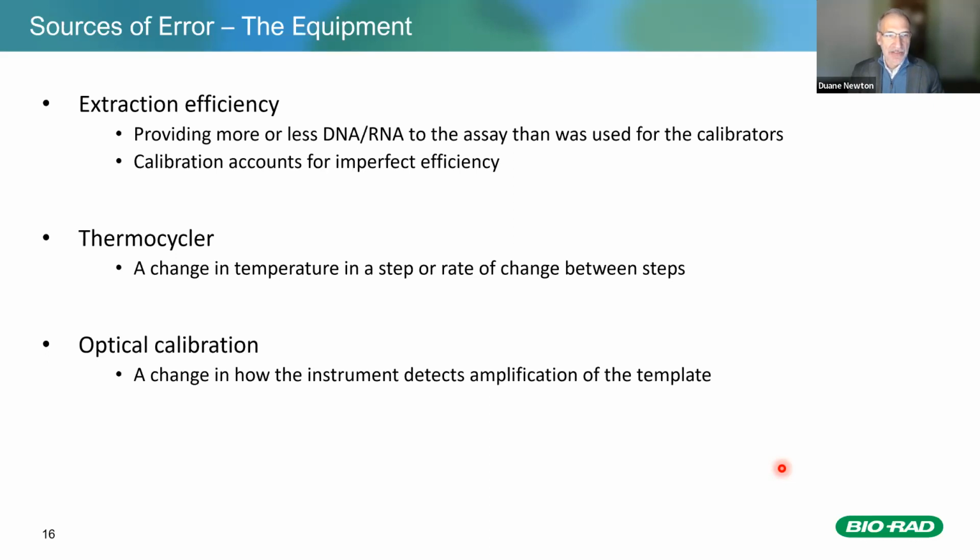Another issue that could arise is changes in the thermocycler, where the temperature or the rate of change between steps is affected, and that could result in erroneous results. There may even be problems with optical calibration that change how the instrument detects the amplification of a template. Different manufacturers can account for these sources of error, in particular extraction efficiency, in different ways, but we just need to be cognizant that these errors can occur.